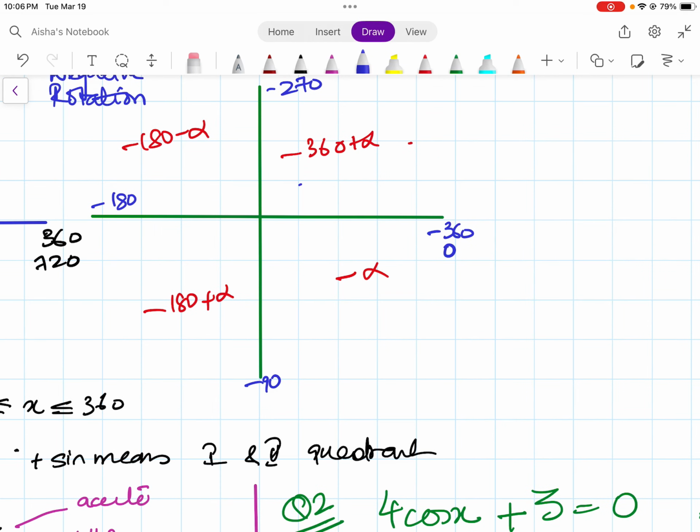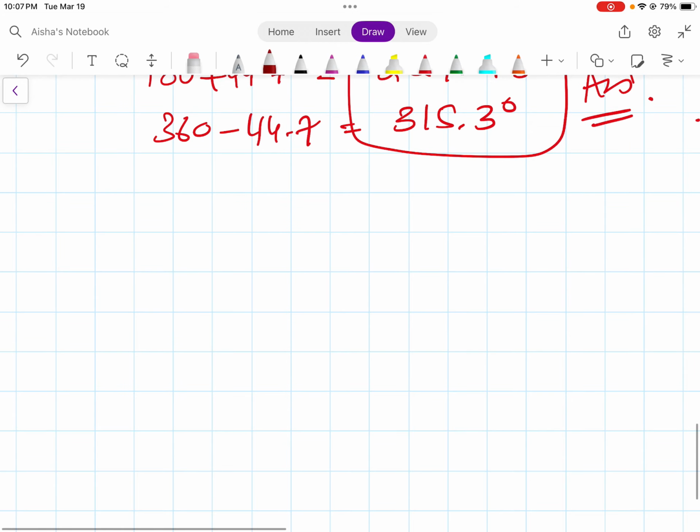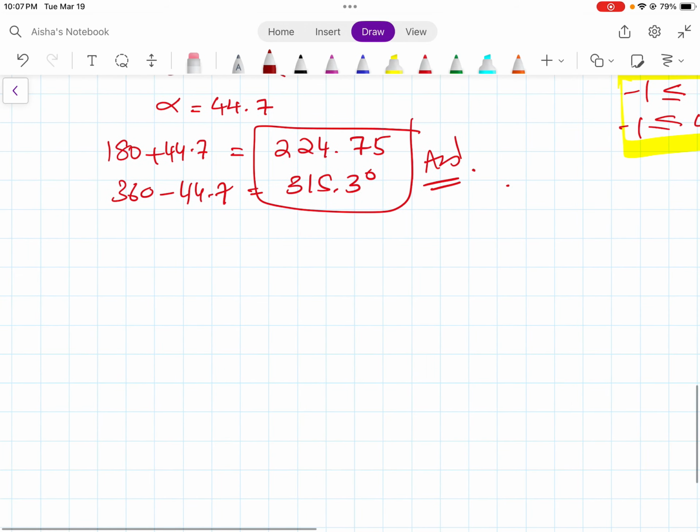Over here they will become minus 2 pi plus alpha, minus pi minus alpha, and minus alpha. These are my radian angles, okay? Now let's move on to identities, and then we'll solve the two concepts together.